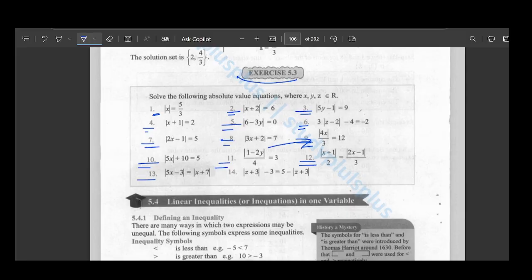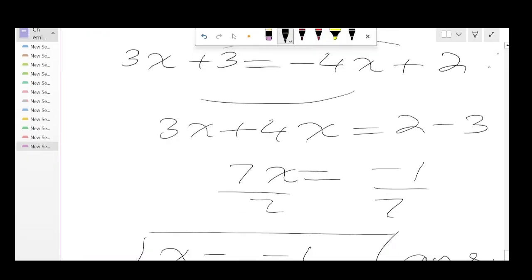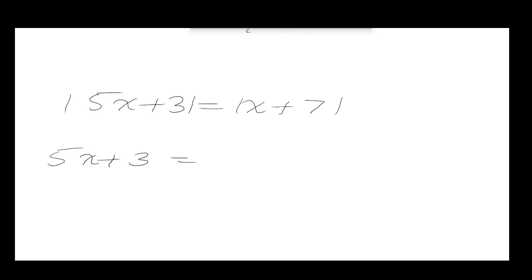Okay, in question number 13 we have absolute value of 5x minus 3, and that is equal to x plus 7. So let's write that first. So let's write 5x plus 3, and that is equal to x plus 7 in the absolute value. So now when the absolute value is removed on the right side, we can write 5x plus 3 equal to positive x plus 7.